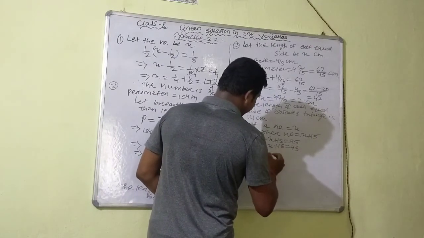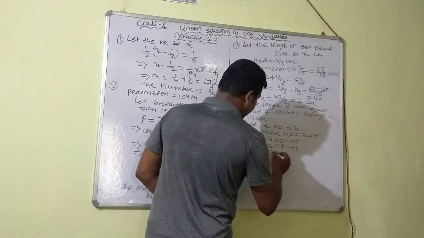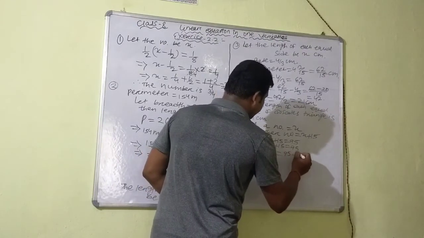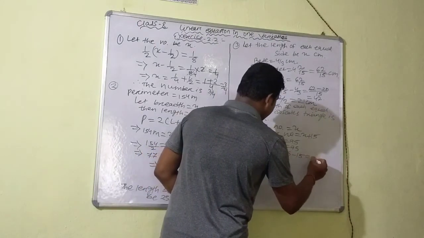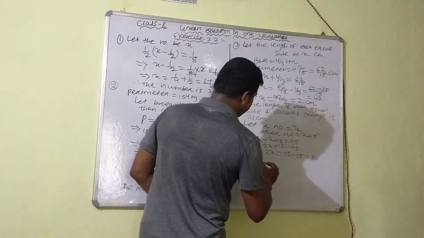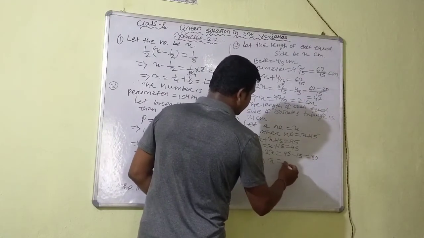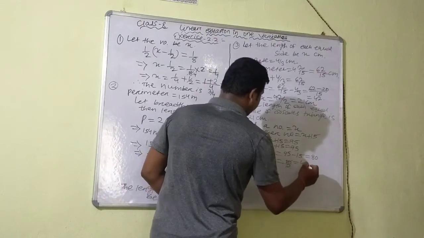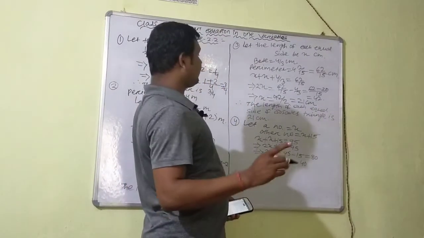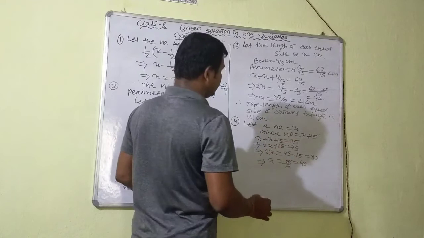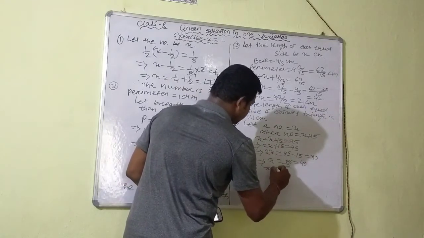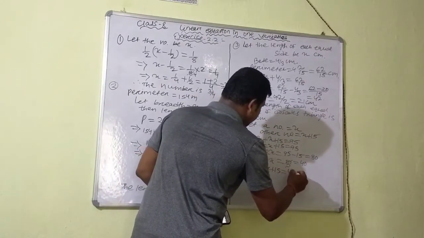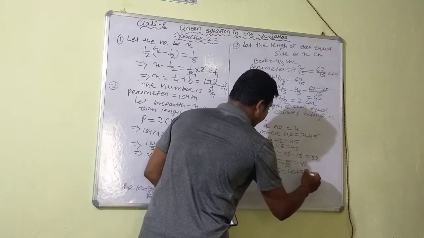So 2x equal to 95 minus 15, that is 80, and x equal to 80 divided by 2, this is 40. So one number is 40, the other number that is x plus 15, 40 plus 15 equal to 55.